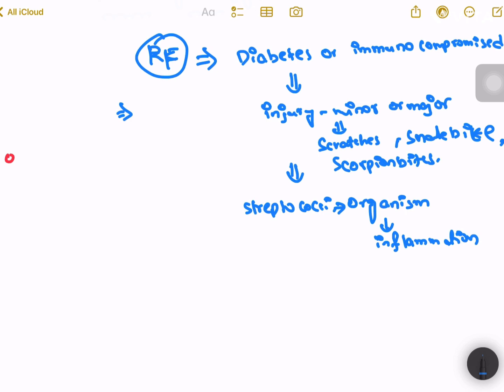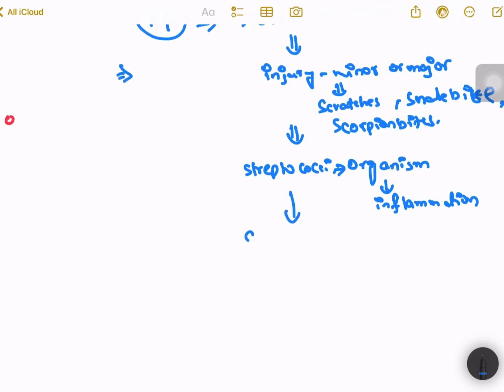But along with that, these organisms can produce enzymes such as streptokinase or hyaluronidase.